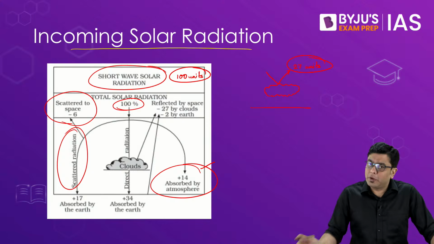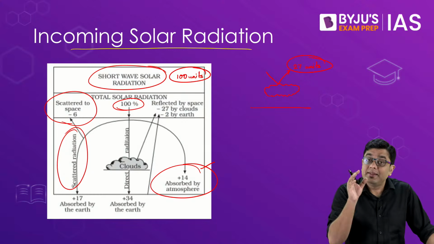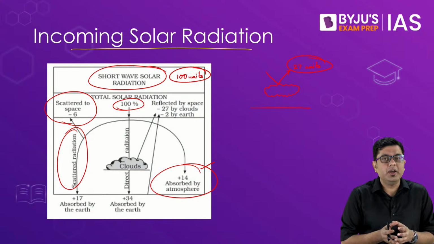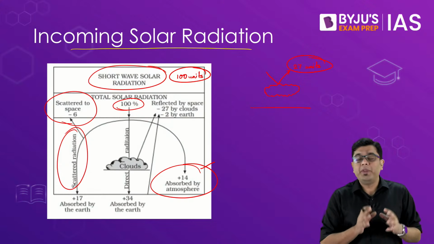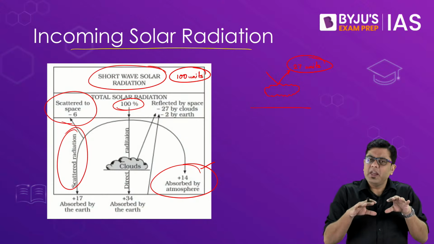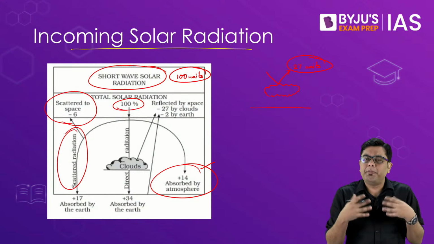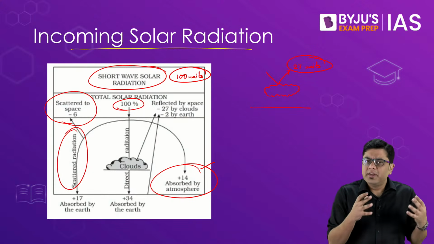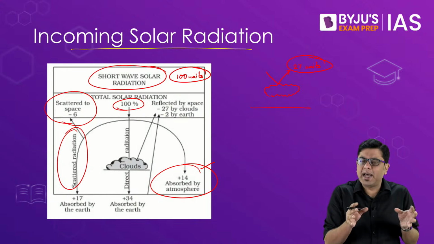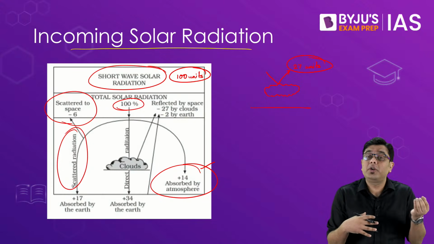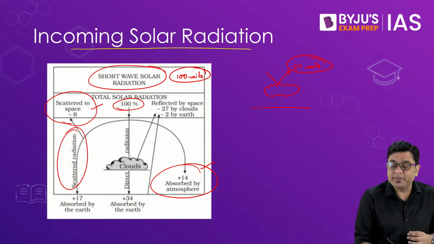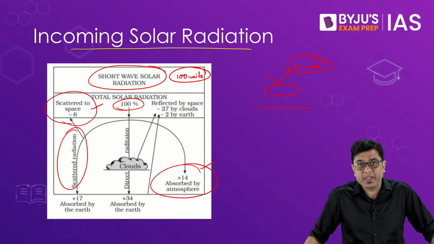These 6 units give that brightish appearance to the atmosphere when you observe it from outer space, a brightish hue, kind of like a halo, not exactly a halo, but something like that. That is because of these 6 units which are scattered into the space.